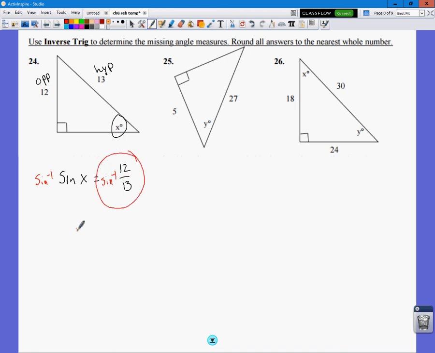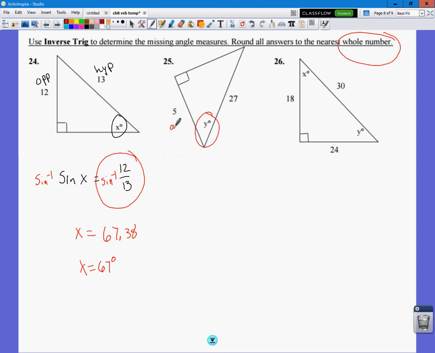This is what's going to get keyed into the calculator. To key it in, I do 12 divide 13 equals, and then I hit second function sine, so I'm getting that inverse sine function. And this is 67.3. But our angles, they said they wanted the nearest whole number, so this would be simply 67 degrees.